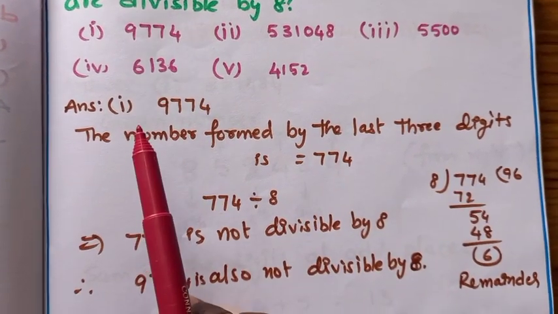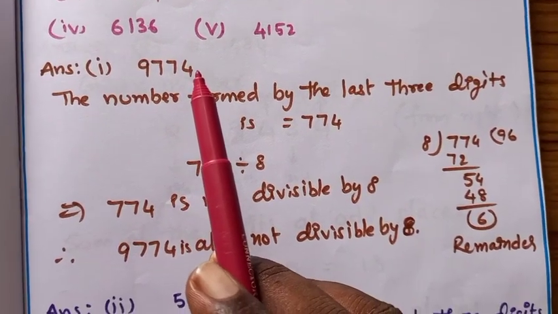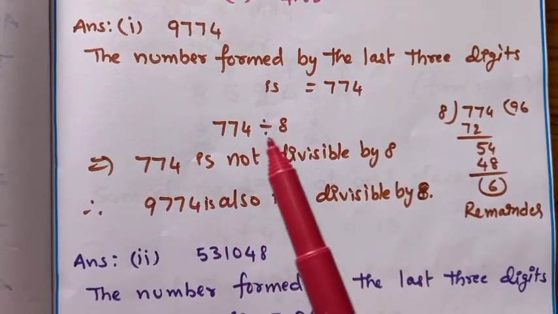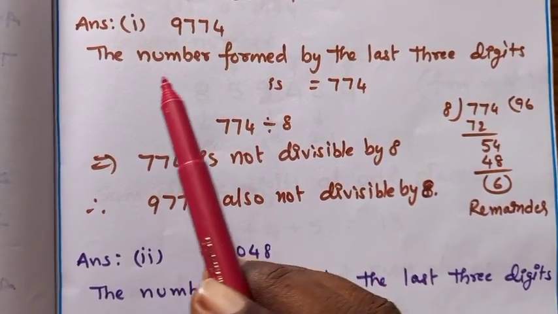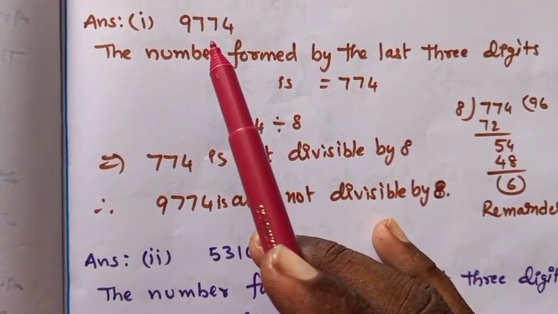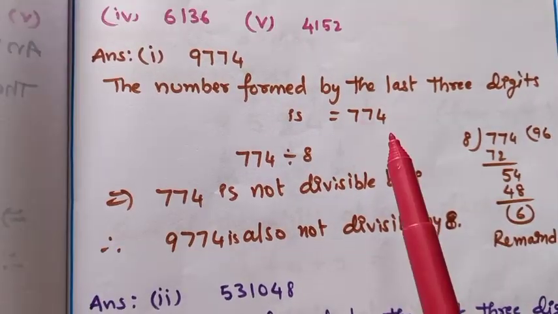Now first question, 9,774. Here we have to apply the divisibility rule of 8. What does it say? The number formed by the last 3 digits. Here the number formed by the last 3 digits is 774.